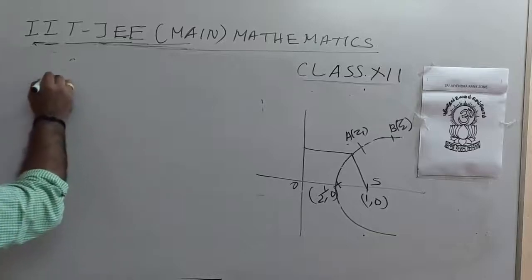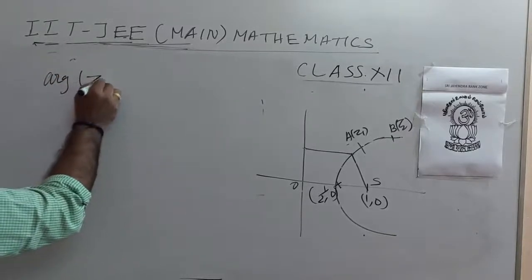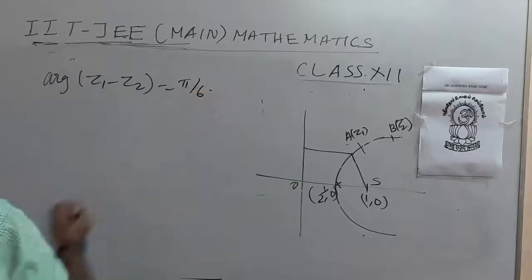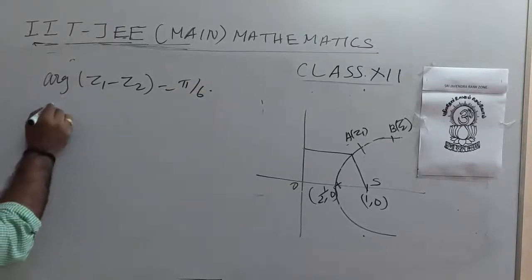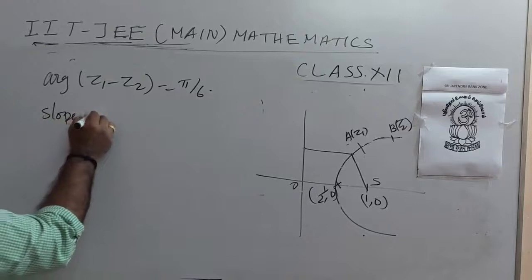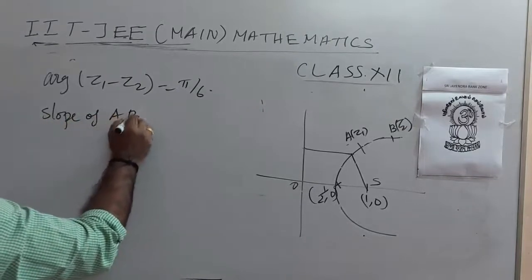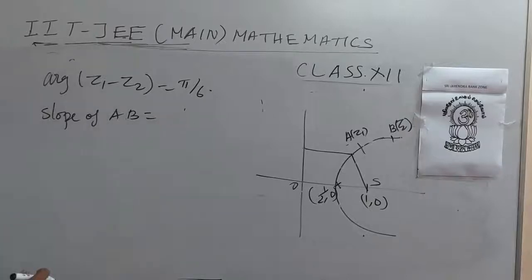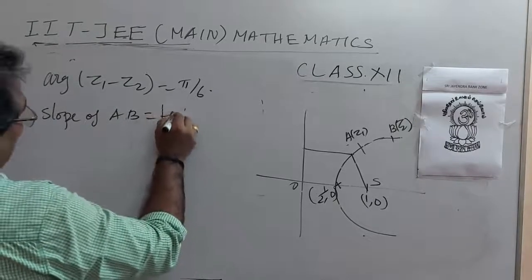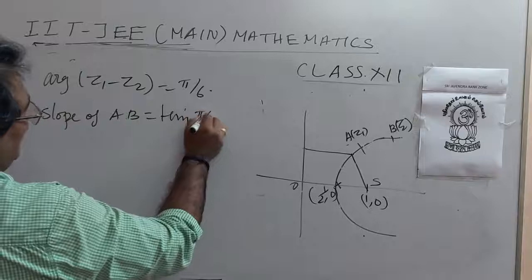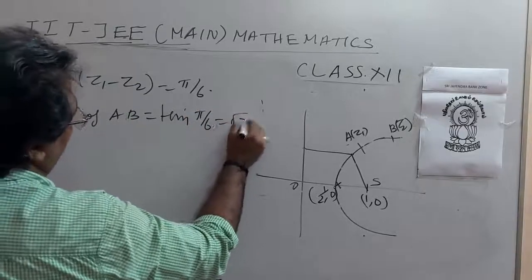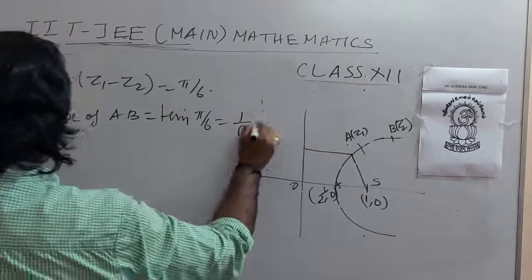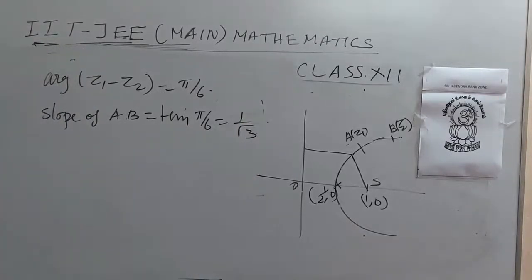Argument of z1 minus z2 equal to pi by 6. That means slope of AB equal to tan of the given angle pi by 6. So tan pi by 6 is equal to 1 by root 3.